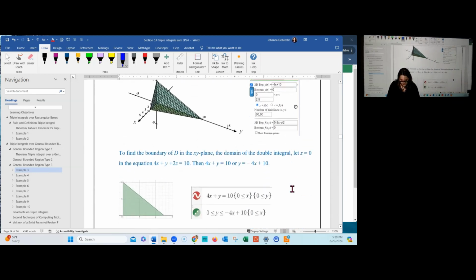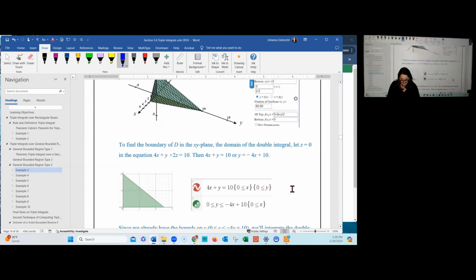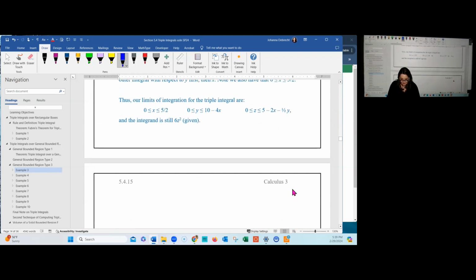So let's see if I can find where I did the integral. Here we go. So now we've got our limits of integration. X is between 0 and 5/2 on the outermost. Y is between 0 and the function of x, 10 minus 4x. And z is between 0 and the plane equation solved for z.